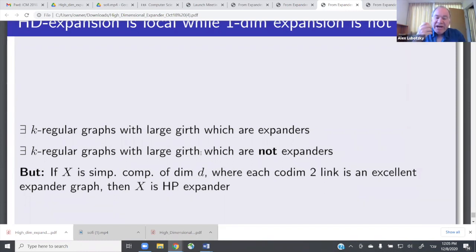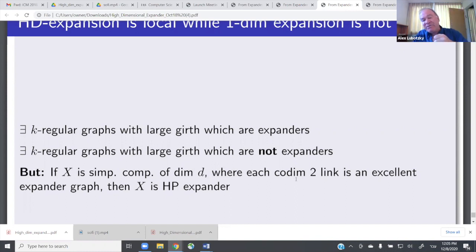The Garland theory, again, advertisement for tomorrow's talk of Izhar Oppenheim, is basically the following statement: if X is a simplicial complex of dimension D, and you need only the following, if you take a codimension 2 cell and you look at its link, the link of a codimension 2 cell is always a graph.